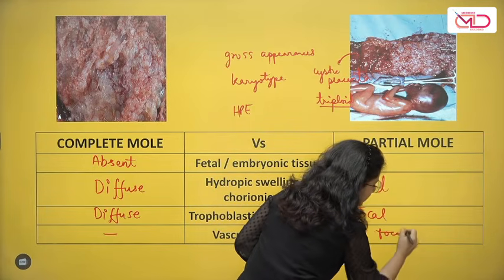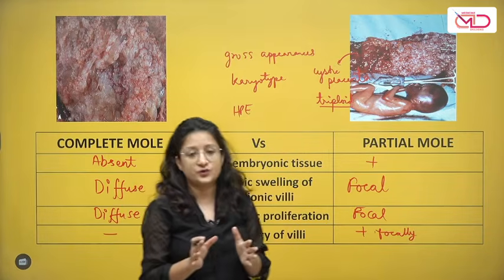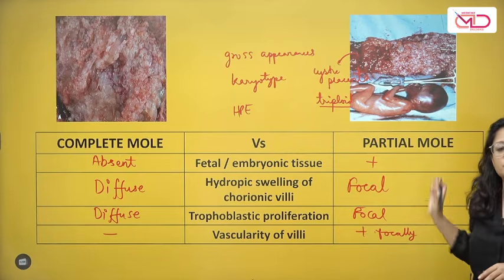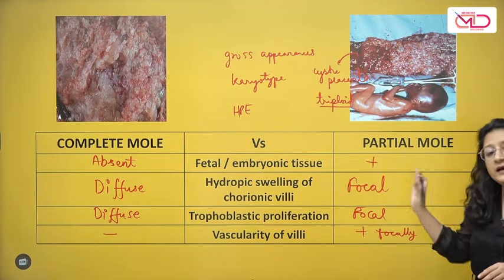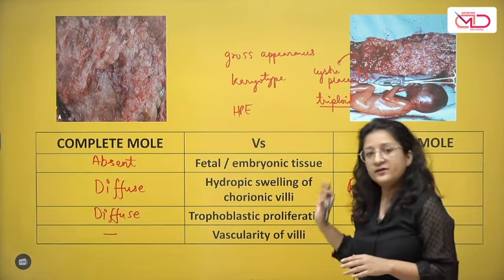So some areas of these chorionic villi are going to be vascular. So this is the basic set of differences as far as the gross and histopathology is concerned regarding complete mole and partial mole, which you should remember, right?